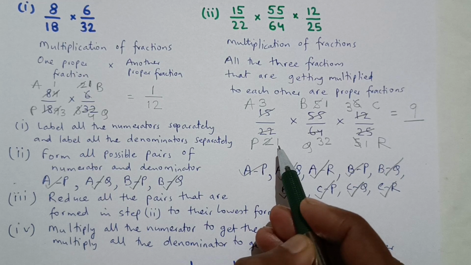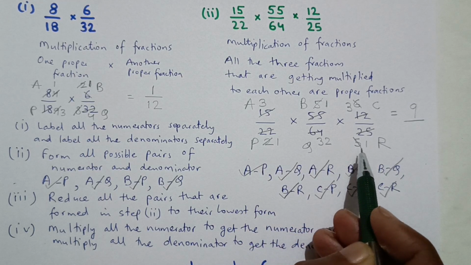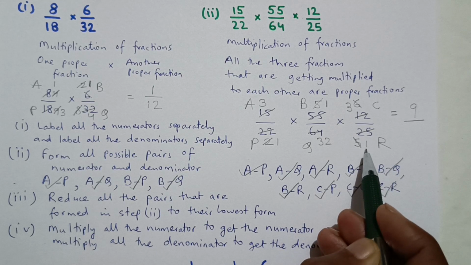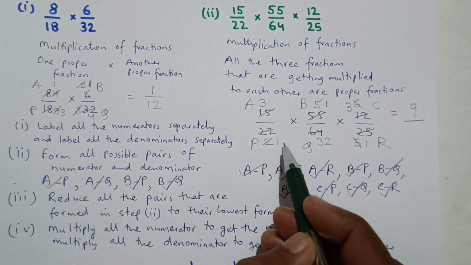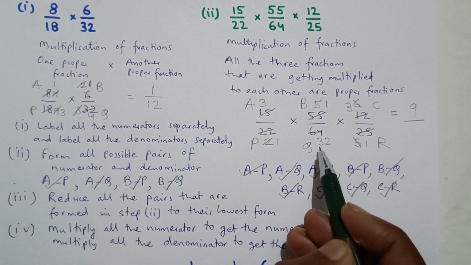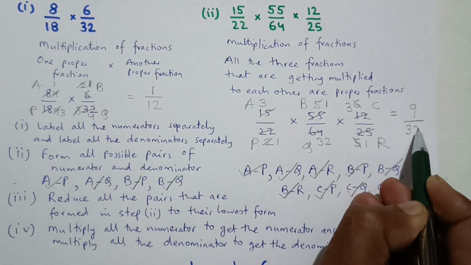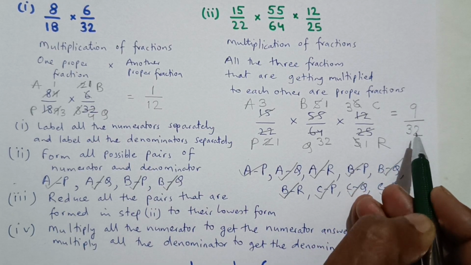Denominator P is 1, denominator Q is 32, denominator R is also 1. So 1 into 32 into 1. 1 into 32 is 32. 32 into 1 is 32. So denominator is 32. So 9 by 32. This is the answer for question number 2.